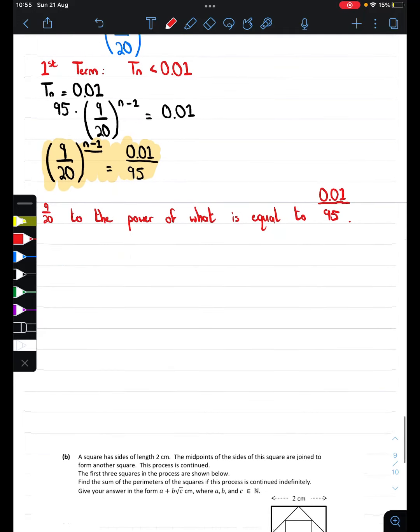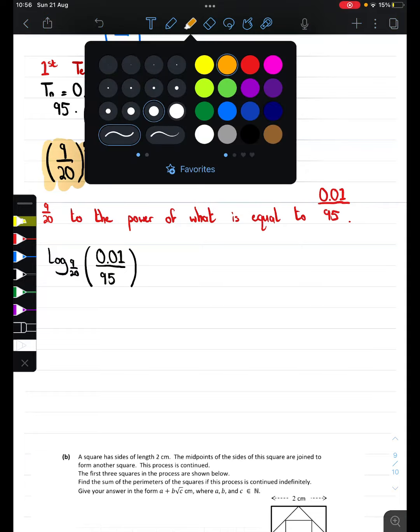And the logarithm is basically that question rephrased. So the logarithm works like this. Logarithm of base 9 over 20, and in the brackets, 0.01 over 95.